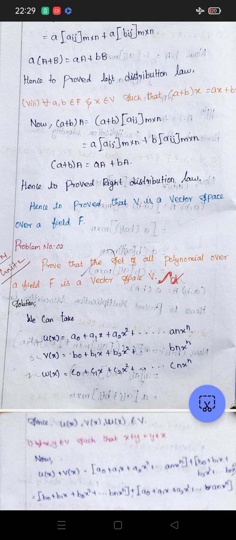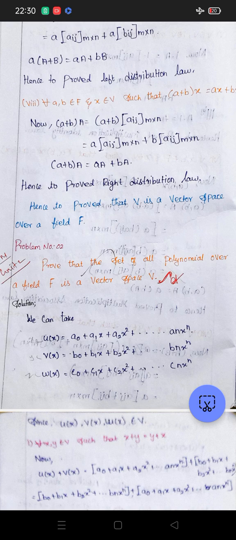So a into aij of m cross n plus b into aij of m cross n. Here you can note that aij of m cross n is equal to capital A. So you can write (a plus b) of A is equal to small a into A plus small b into A, that means scalar into A plus scalar into A. Hence we prove the right distribution law.